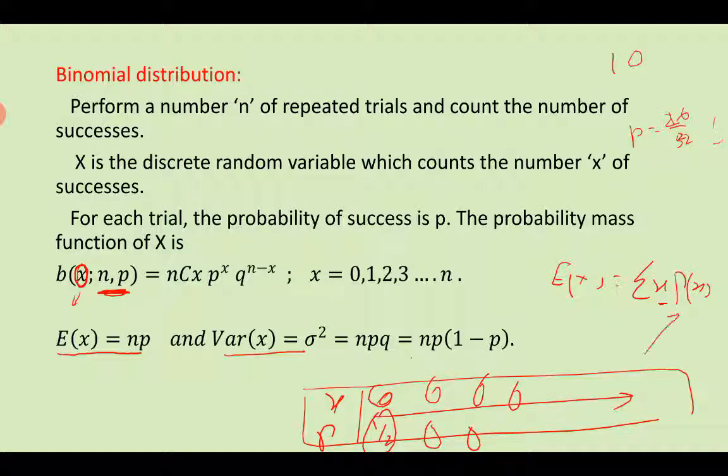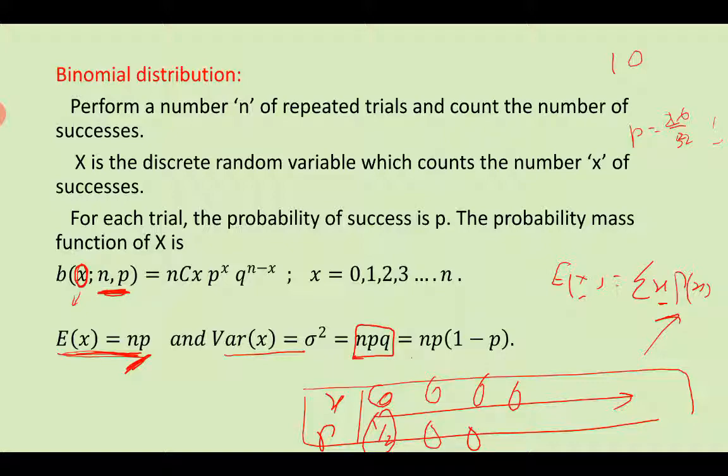This has been done and derived as, if the problem is a binomial distribution, the mean expectation is n times p, and the variance is n times p and q.